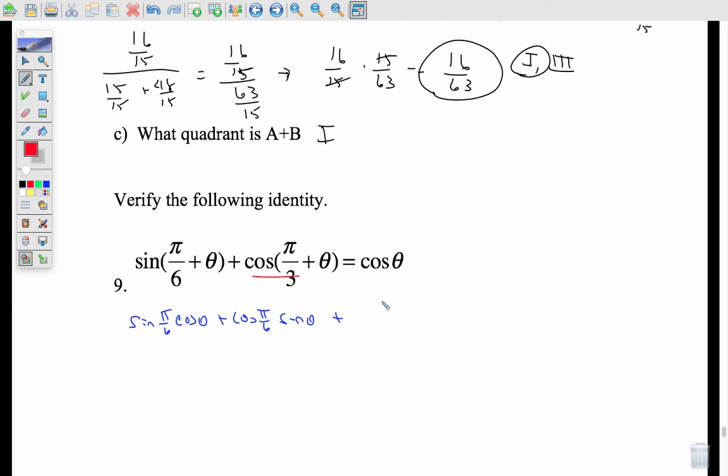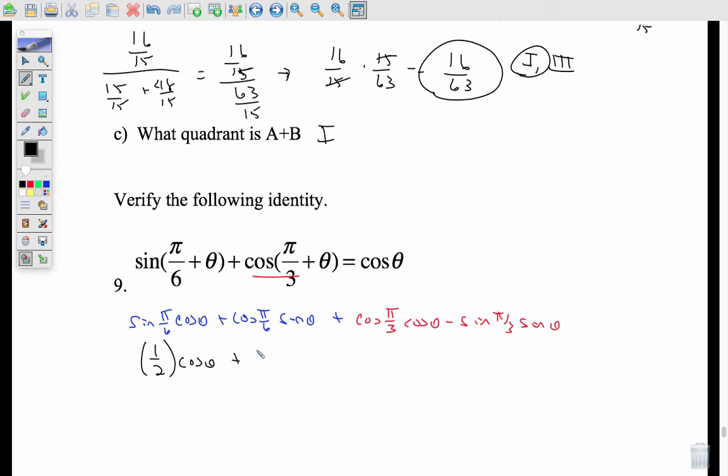Sine pi over 6 cosine theta plus cosine pi over 6 sine theta. And then my sum formula for cosine here is cosine pi over 3 cosine theta minus sine pi over 3 sine theta.